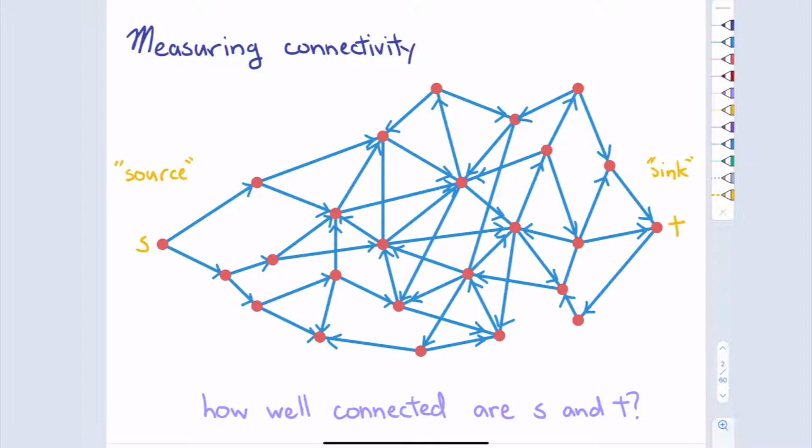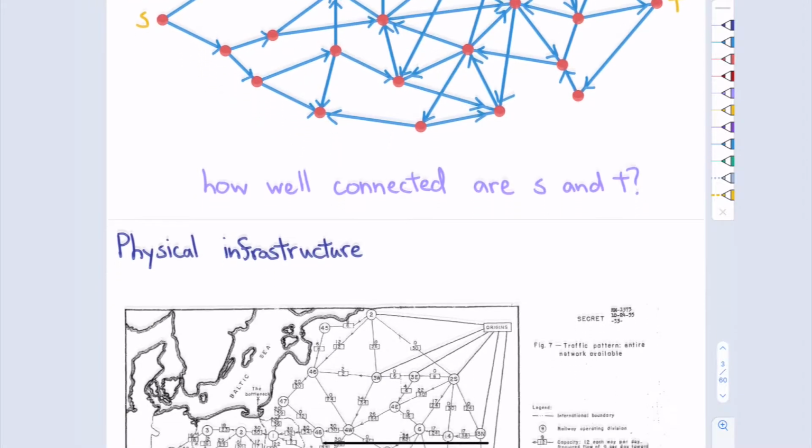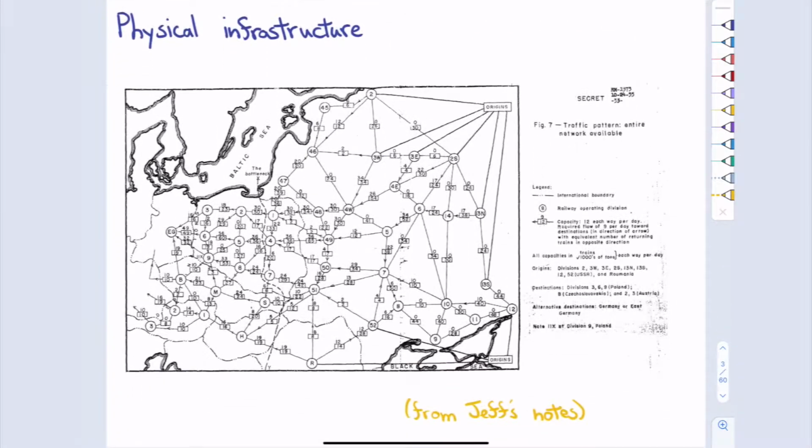But here the word connected, or in particular, well-connected, is not really well defined. There are many possible ways to interpret it, and maybe for different applications, different things are called for. But let me first point out some examples. I guess this is ironic given the current development in news.